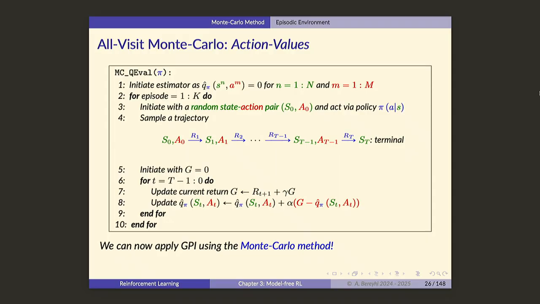Yes, because if you think, for example, you have 100 states and 100 actions, right? In the value estimation, you are just estimating 100 different values, right? So 100 values, each of them for one of the states. But if you have 100 actions, when you want to estimate the Q function, you have 100 states, 100 actions, so you have 10,000 pairs, right?